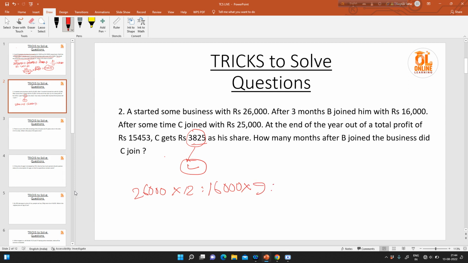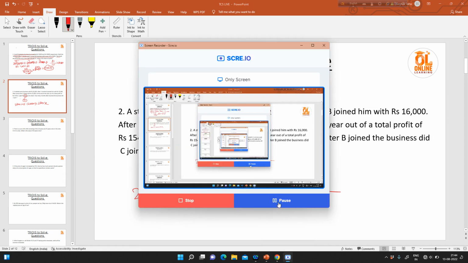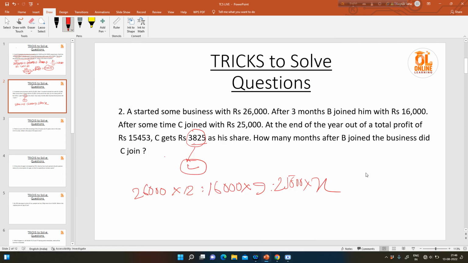After some time C joined, so we don't know when C joined, so consider it as X. The amount he has invested is 25,000, right? So this is our equation: 26,000 into 12, 16,000 into 9, 25,000 into X.